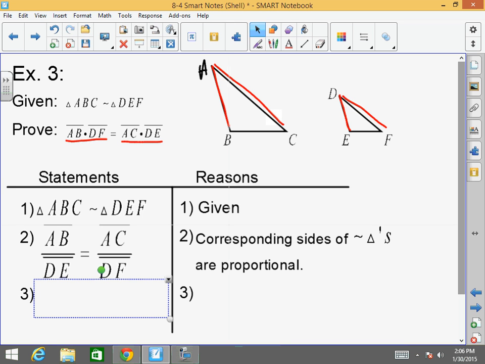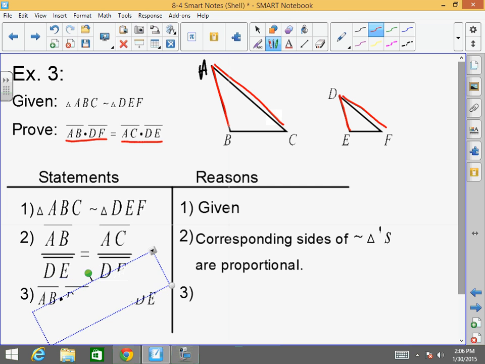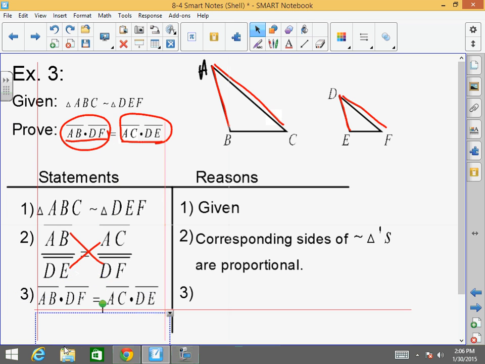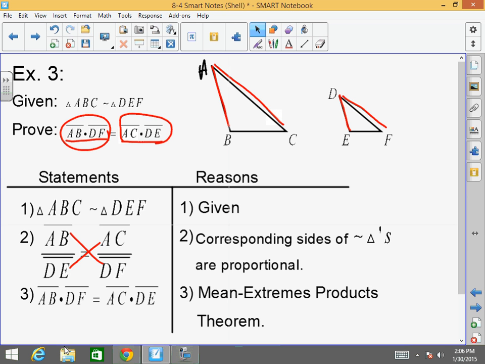Now from there, if I take this proportion and I cross multiply, doesn't AB times DF equal DE times AC? And that is why? Because of the means extremes product theorem.